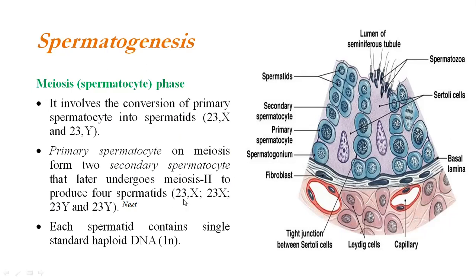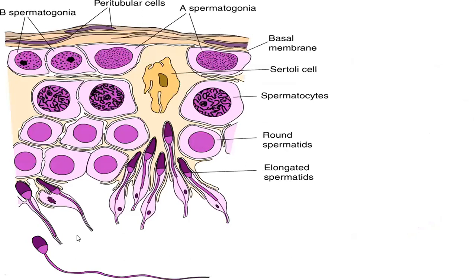So 23X, 23X, then 23Y, 23Y. Each spermatid contains single stranded haploid DNA. Because now it is 23X, right? 23Y. So it is not 46, right? Hence it is haploid.